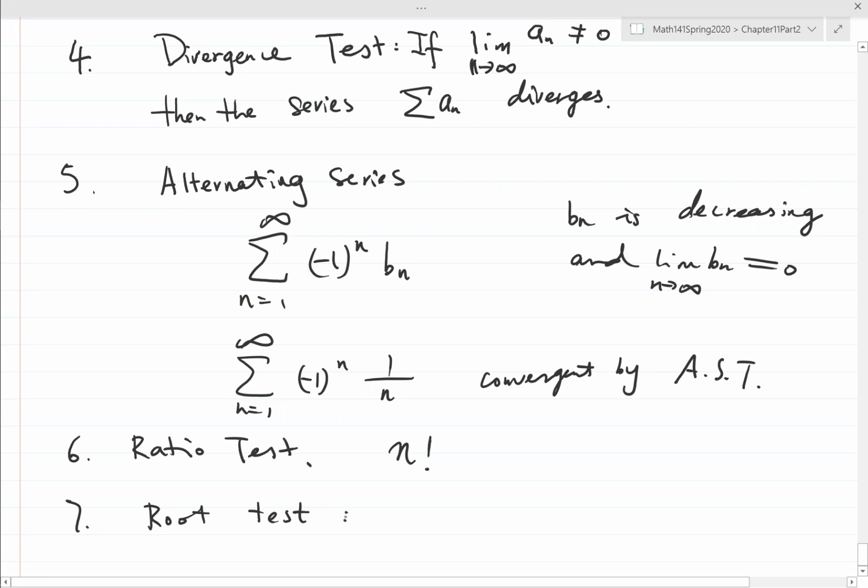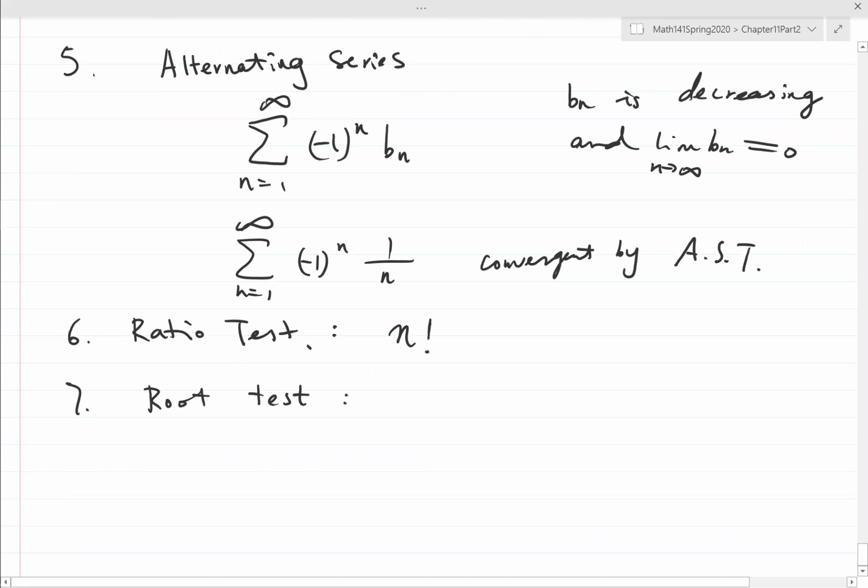Now the ratio test and root test both come from comparison with the geometric series.